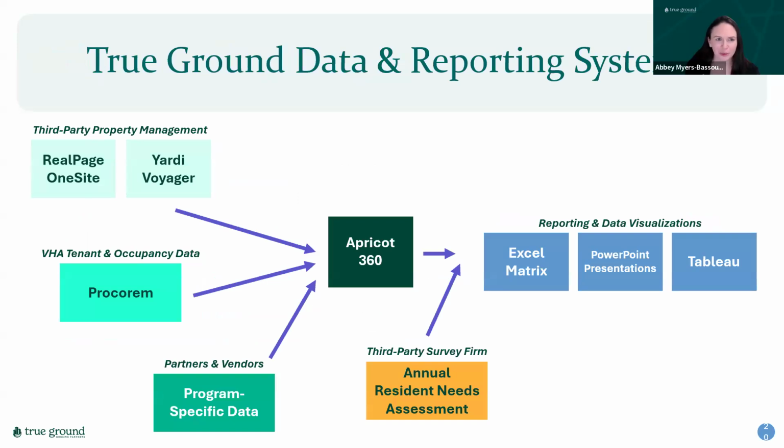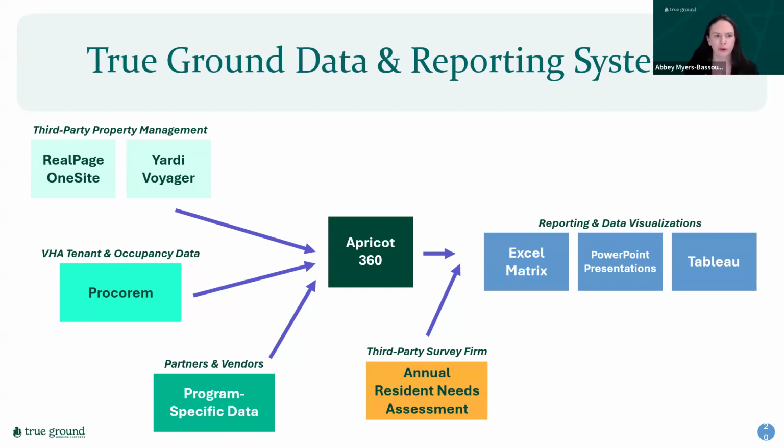Last piece of context before I give you just a small peek under the hood. Again, for us, what our data and reporting systems look like, we're pulling in information from several different sources to put into Apricot. From there, our coordinators are essentially collecting and managing their own data, right?